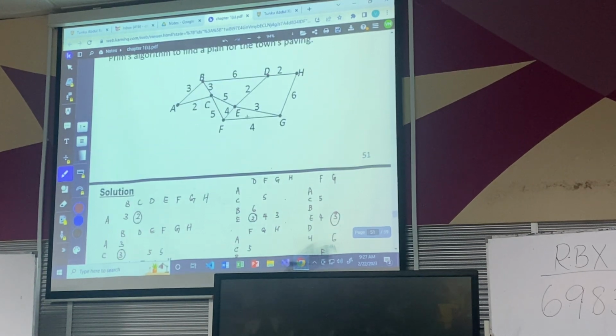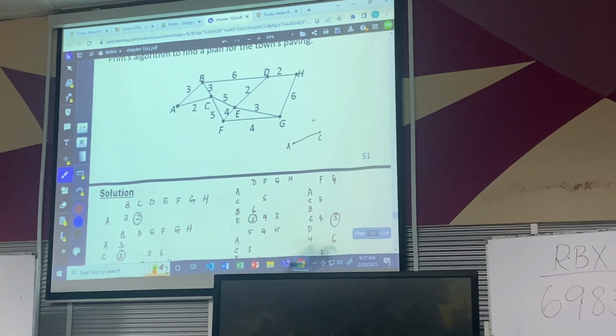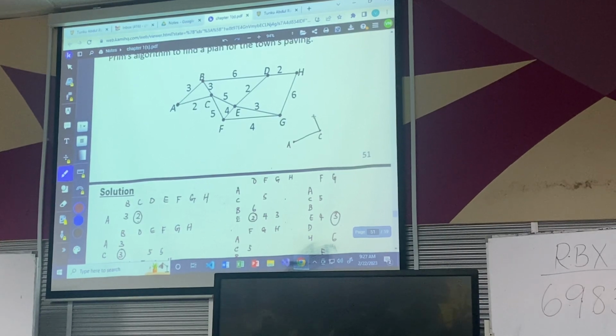So refer to the graph here. The first one we will have AC. So our graph will be A to C, AC, and then BC. AC is 2, BC is 3.